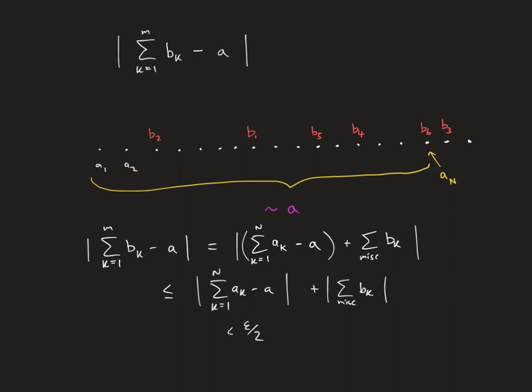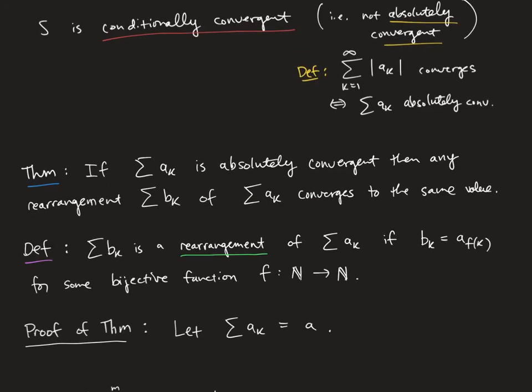But all of those B's are falling in a tail after this A endpoint, and I can control the sum of the absolute values in a tail, because I know that the series of absolute values converges. So I can control any partial tail of that series.